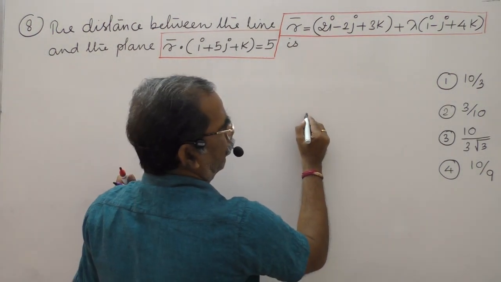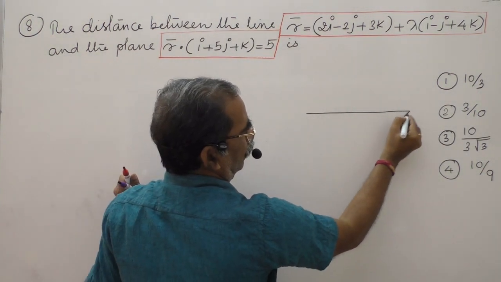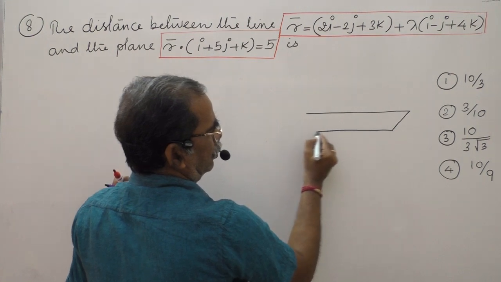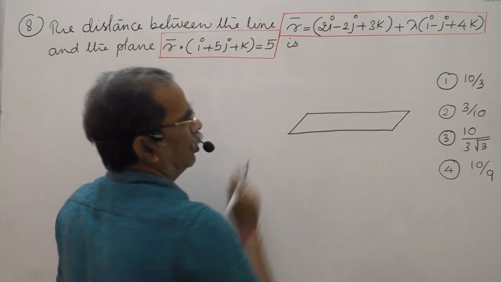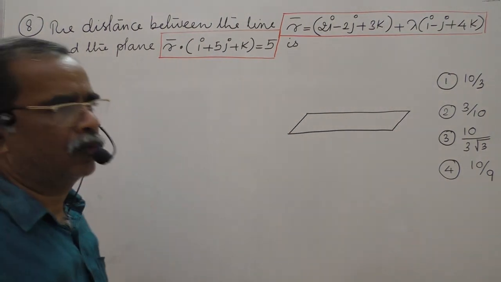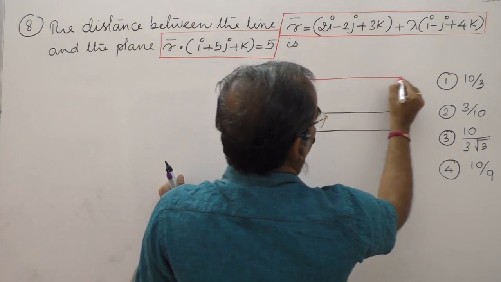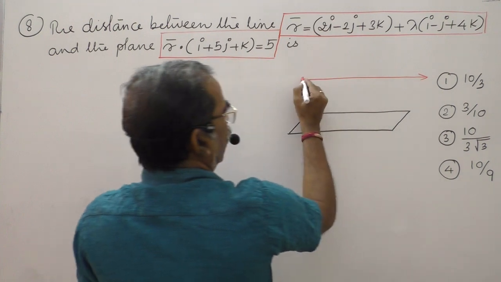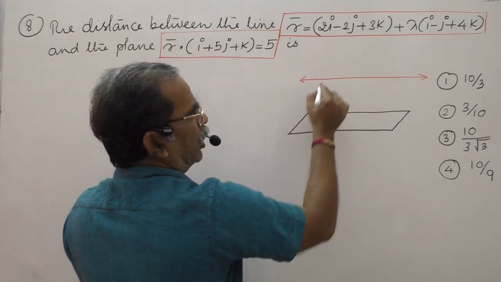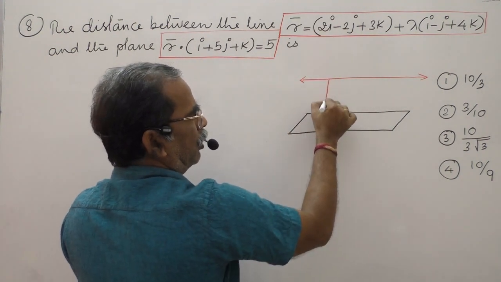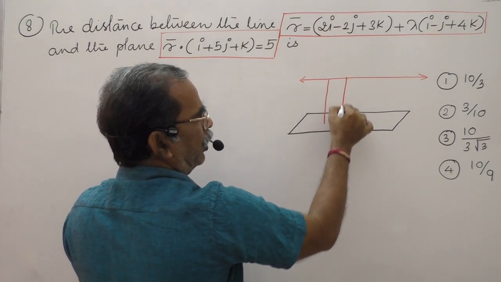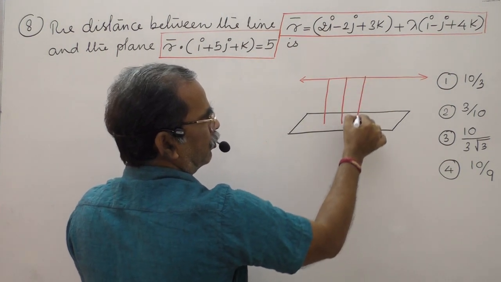If a plane is given, say this is a plane, and there is a line, it can be parallel to this or may not be parallel to this. If the line is parallel to this, then you can find the distance between line and plane. You will get a unique distance.